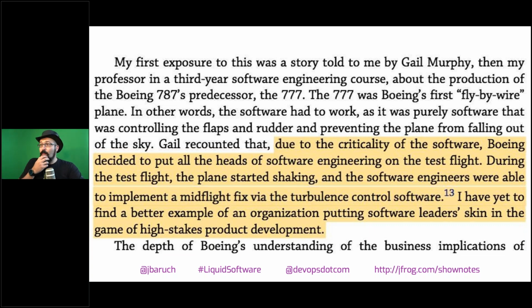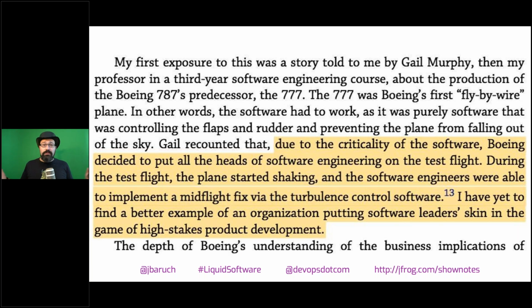Here's an example from Boeing 777, the first Boeing that was completely driven by software, kind of the Tesla for cars now, when it's just a machine on wheels. So 777 was a computer with wings, and they had a bug that they couldn't fix on the ground with offsetting turbulence.